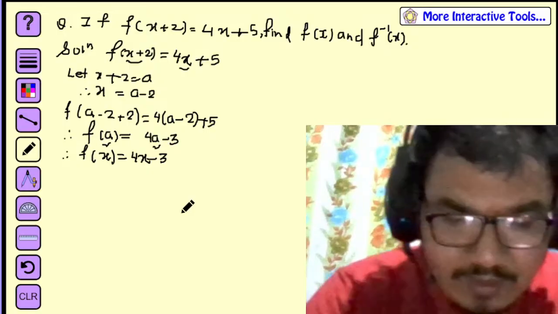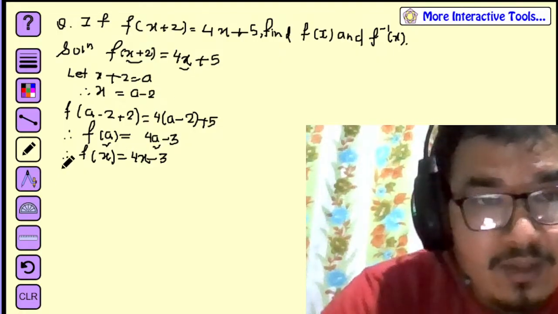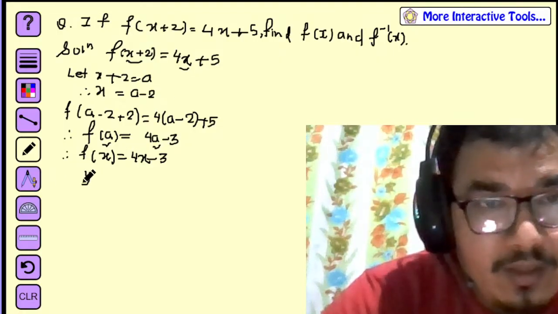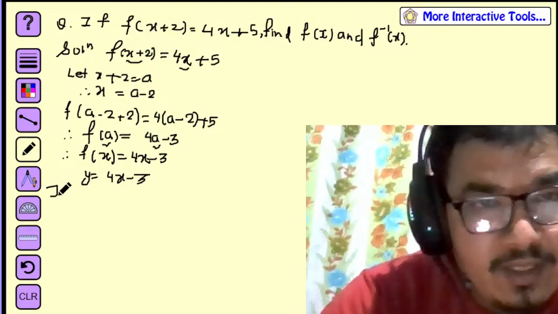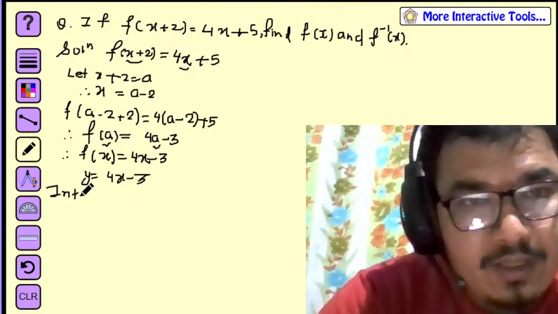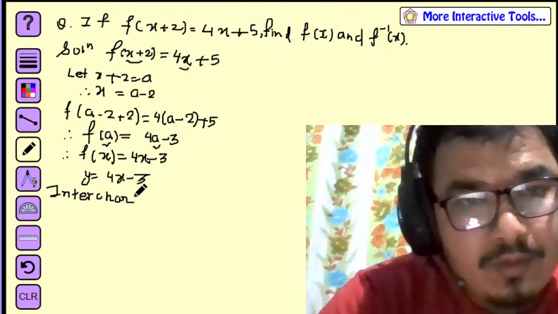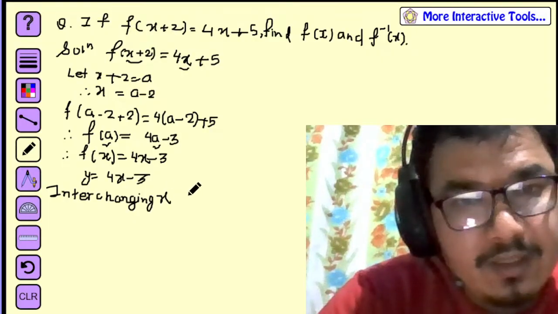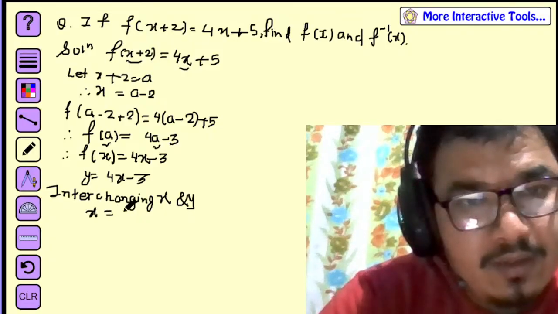After this, we are finding its inverse. First of all, let f(x) be y. So y equals 4x minus 3. Then we have to write interchanging x and y. Then there will be x equals 4y minus 3.